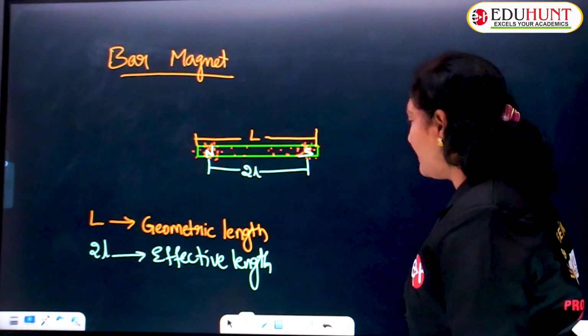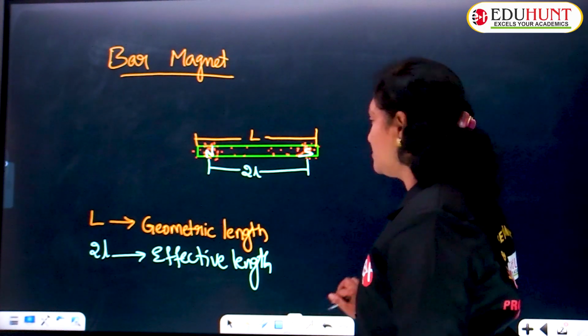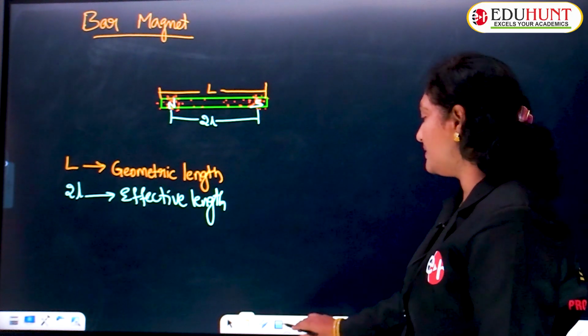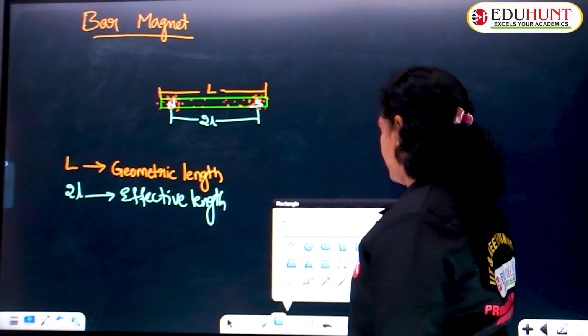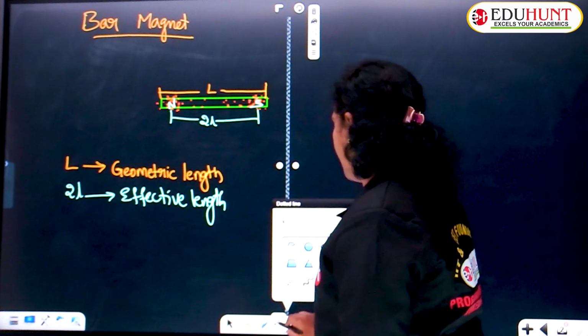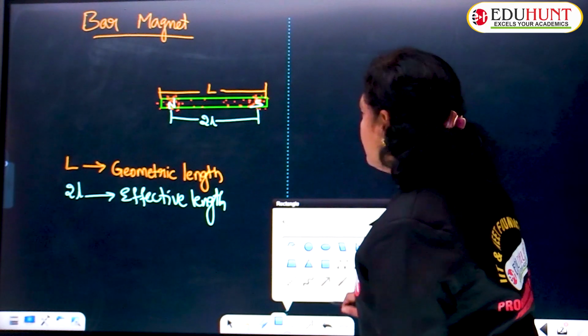Well, apart from that, there are a few more things you need to know about this bar magnet. How many poles does a bar magnet really have? Yes, that's true. It must have two poles, and one is named the north pole, the other is named the south pole.